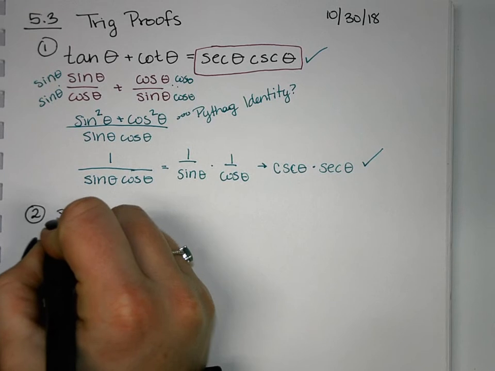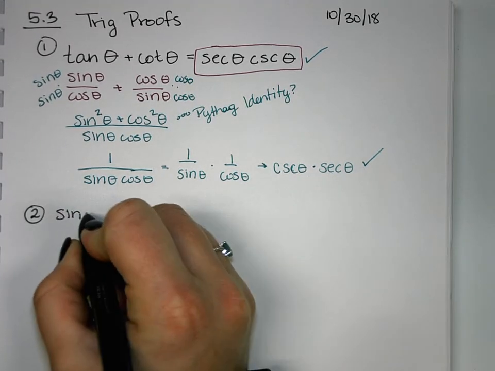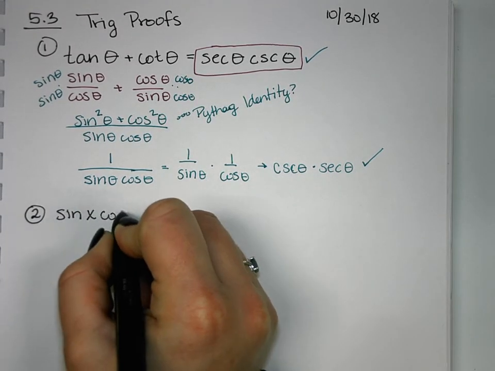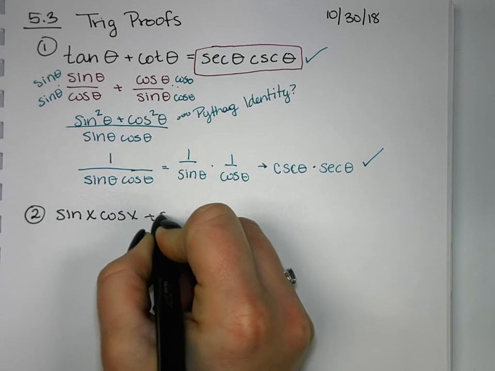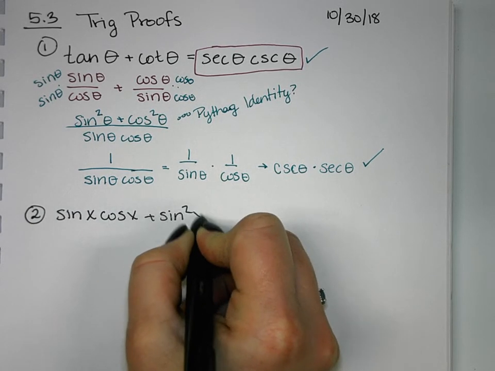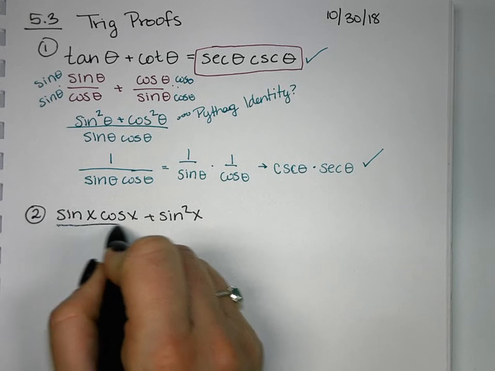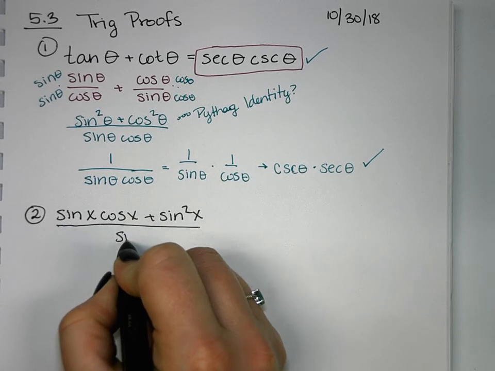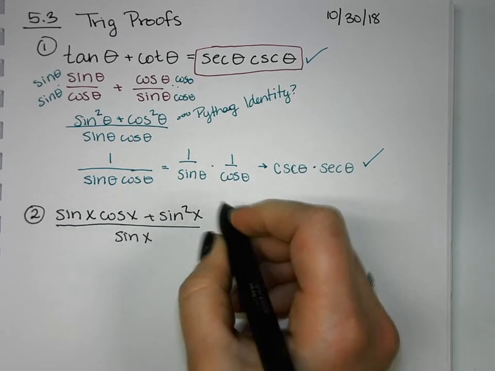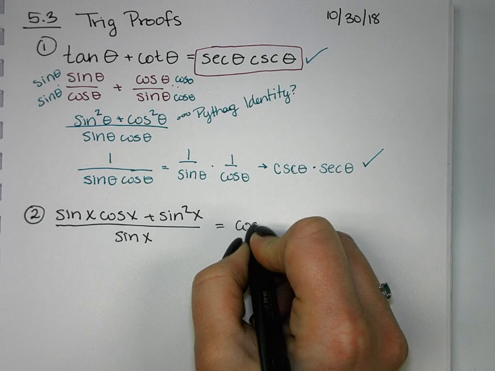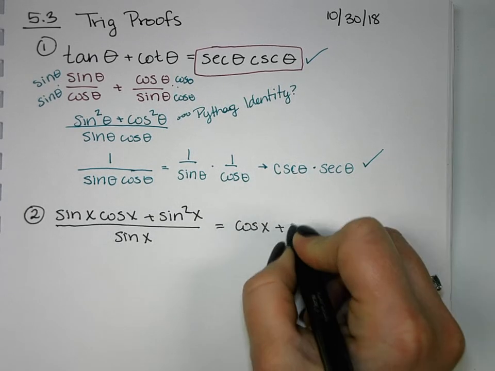So this next one is sine x cosine x plus sine squared x all over sine x equals cosine x plus sine x.